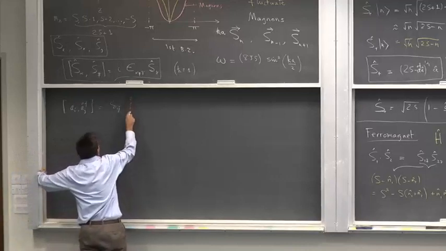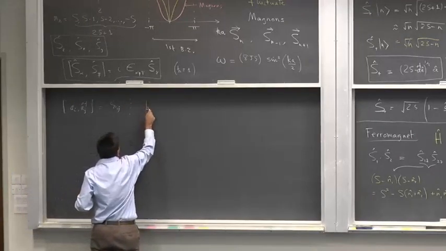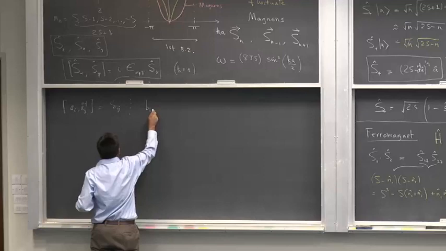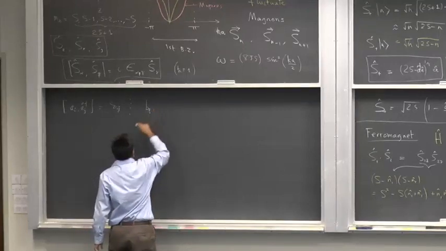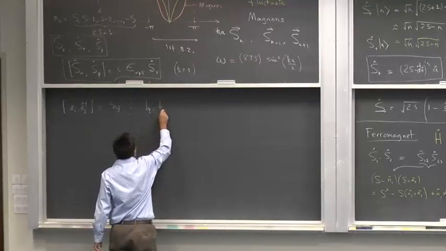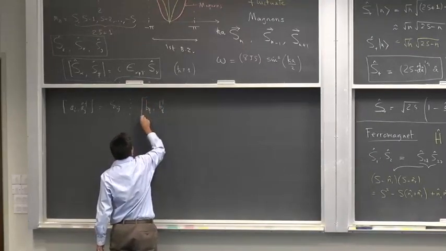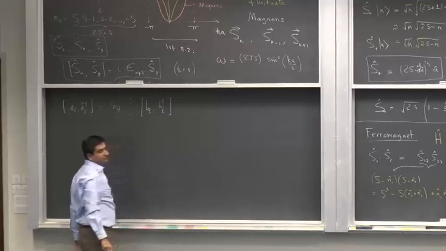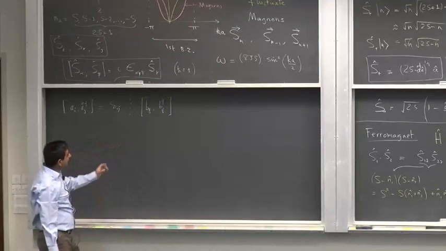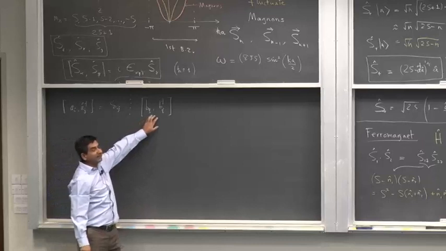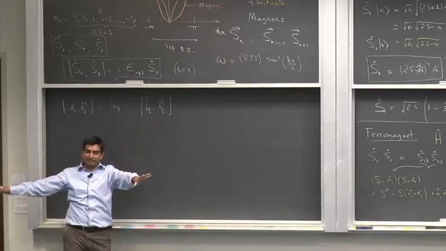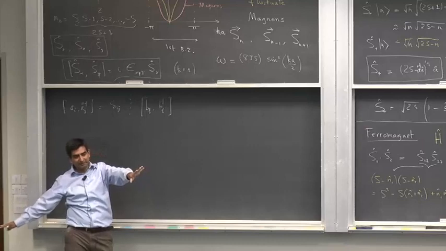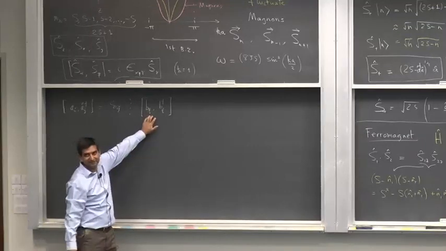Now what I need to do is find out the commutator between b_q and b_q prime dagger, right? And we would like to verify whether these are really creation and annihilation operators. A creation and annihilation operator should be a bosonic operator in the Fourier domain as well. So I would like to verify this.